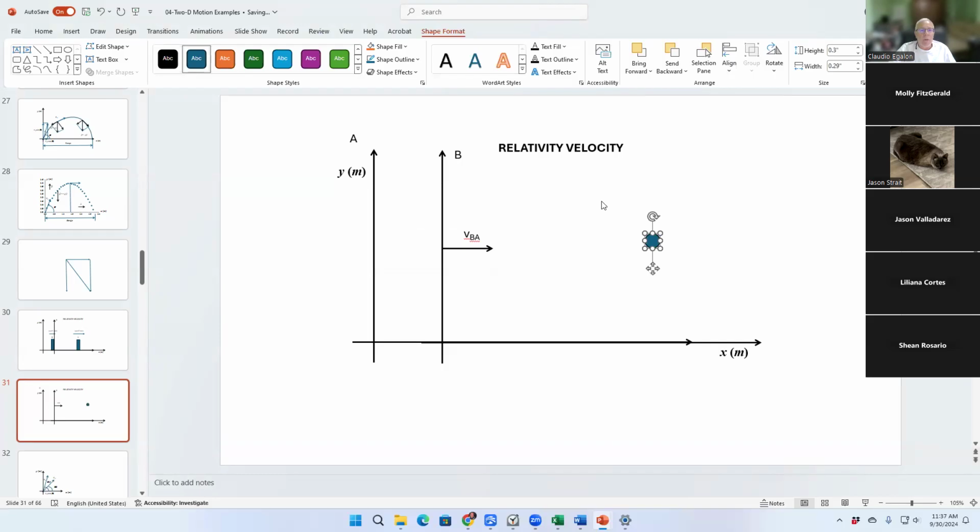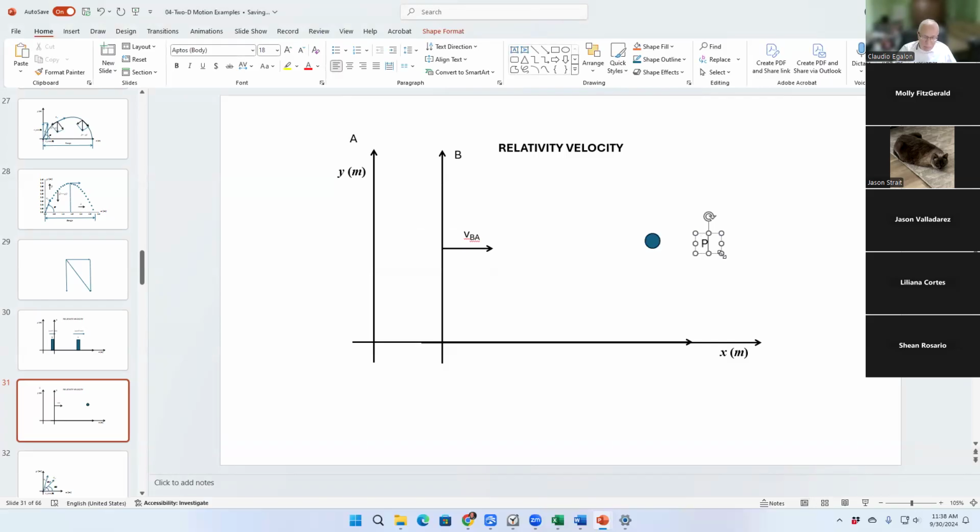I'm going to call it point P. It has a specific velocity vector, which can be either with respect to A or with respect to B. Remember, I'm doing a more generic treatment. And this velocity can be in any direction that I want.